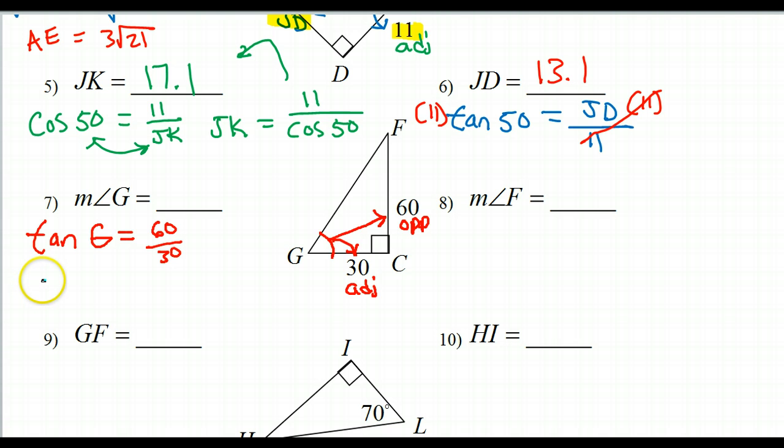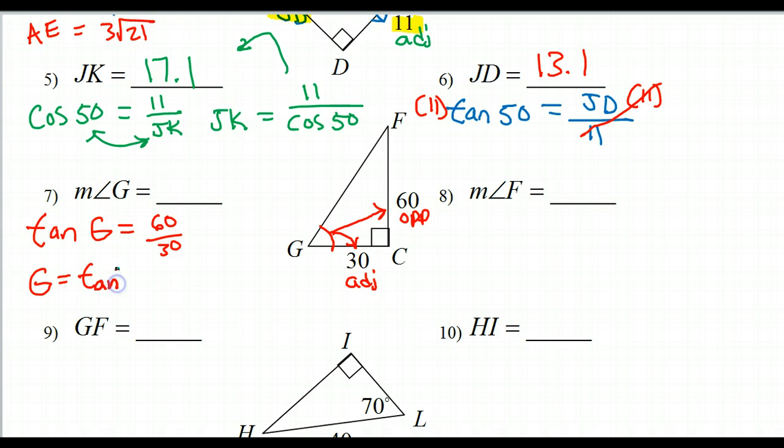I could just make that a 2 right now, but you might not have realized that. So anyway, that means G is going to equal the inverse tangent of 60 over 30, or I could just put 2. Either way, you'll get the same answer. So inverse tangent, that is 63.4.